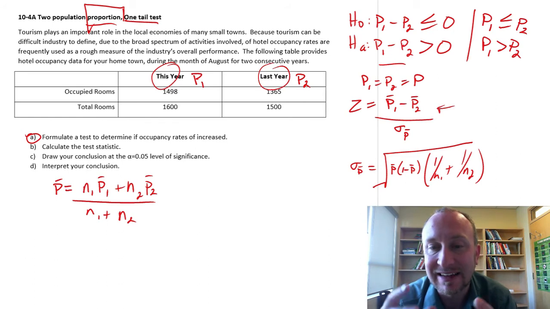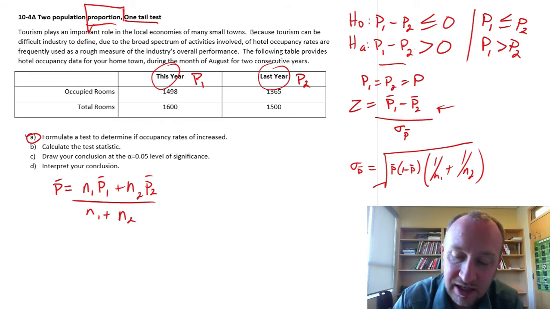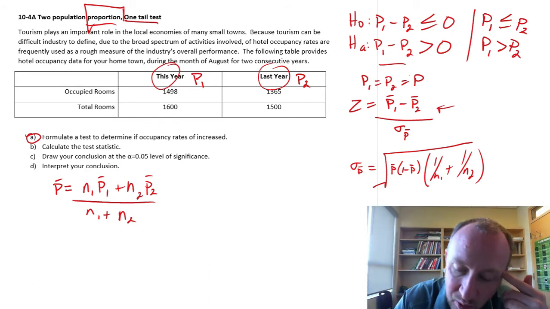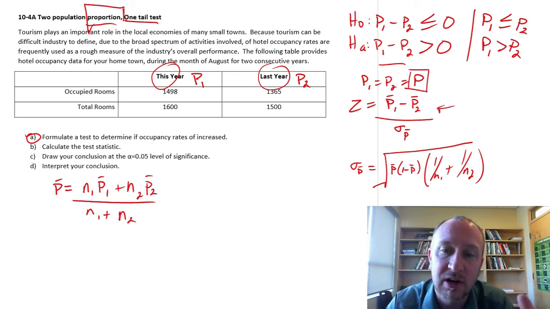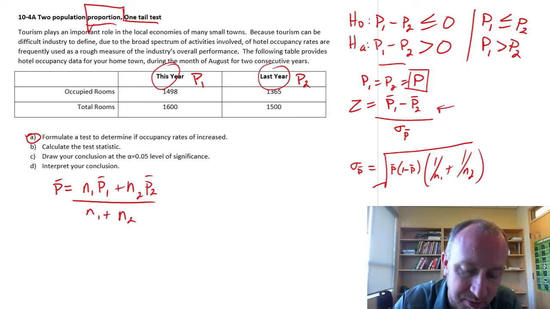If those two are equal within the population, what is our best estimate of that true common population proportion? As it turns out, our best estimate is given by this pooled estimator, which is just a weighted average of our two sample proportions.